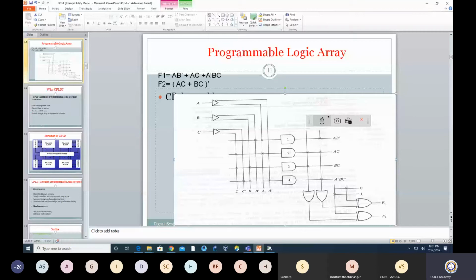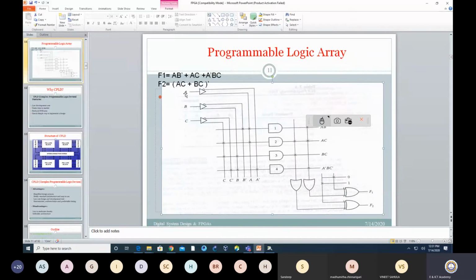So what is the XOR gate truth table? In a XOR gate truth table, what can I write down? 1 1 0 1 0 1. Just try to observe the XOR gate truth table.